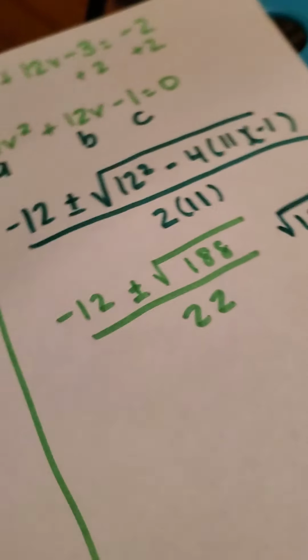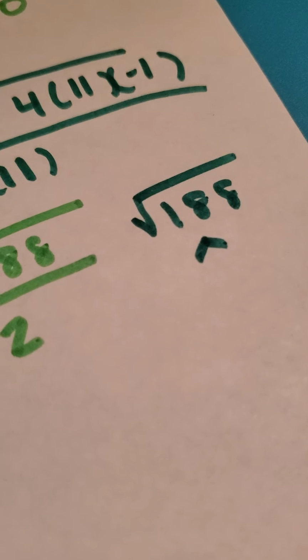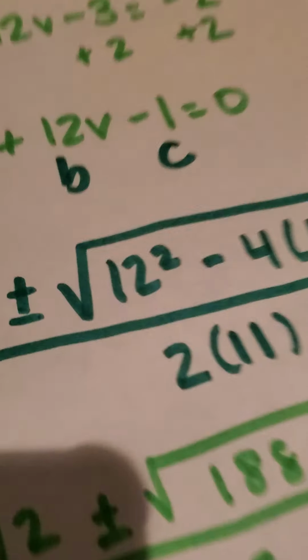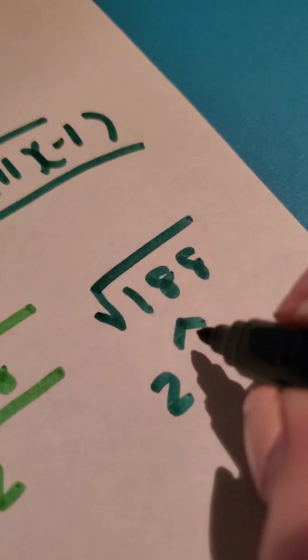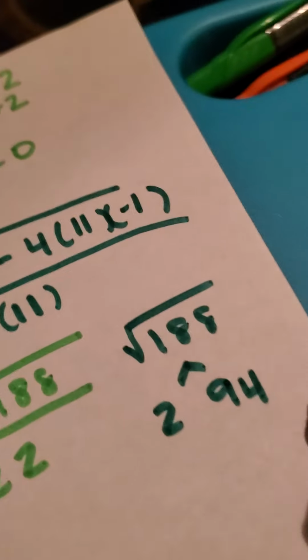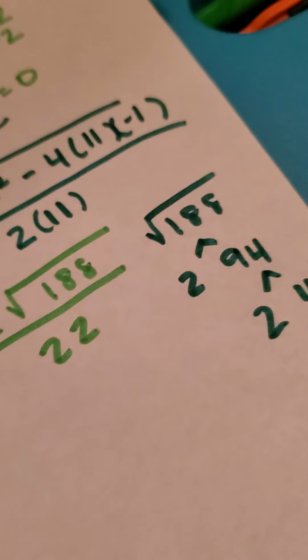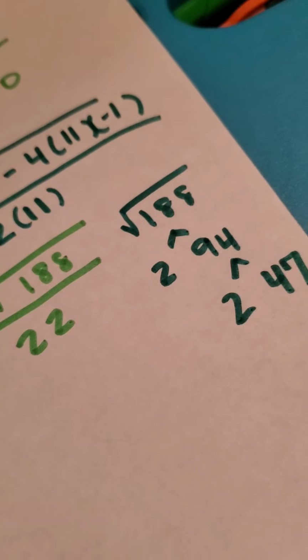I'm looking for two numbers that multiply to get the 188. So you can use any two that you want. I'm going to use 2 and 94. I'm going to keep going, breaking down the 94. So 2 and 47. And then 47, that's as far down as it can go.